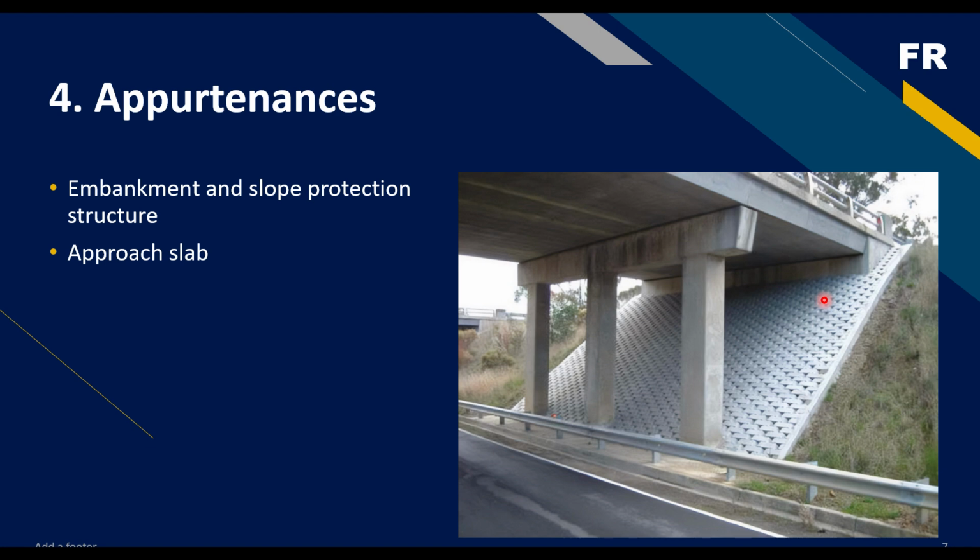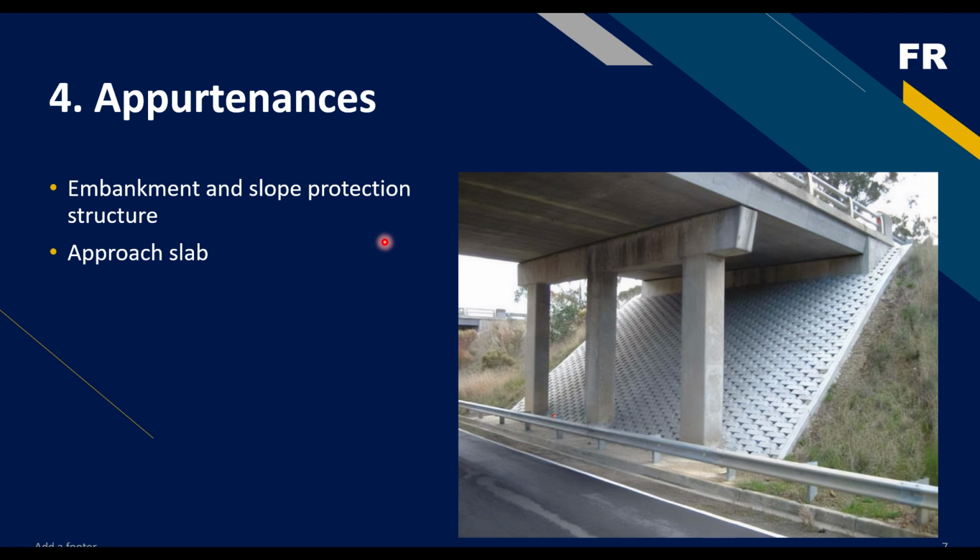Another example of an appurtenance is an approach slab. The approach slab is the slab that provides a smooth transition from the traffic highway surface to the bridge surface. Usually bridges, as we've defined them, provide a movement across barriers, so usually it starts from a lower point, goes across a higher elevation, and ends at a lower point.